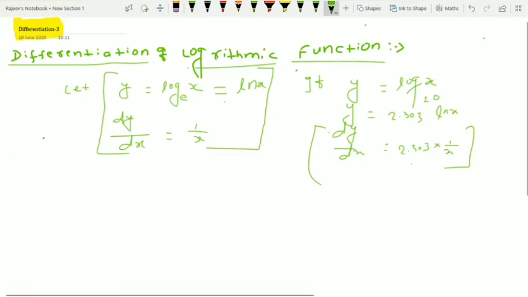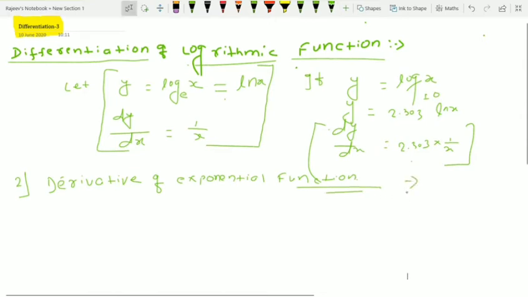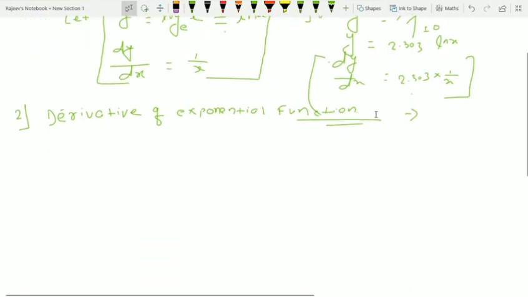Second, you can see, we are going to see differentiation of exponential function, or we can also say derivative of exponential function, right? So first of all, you need to understand what an exponential function is.